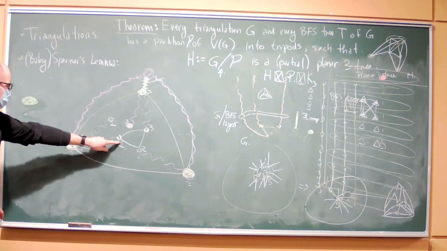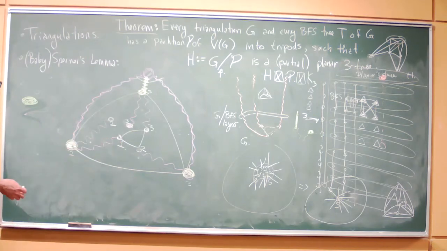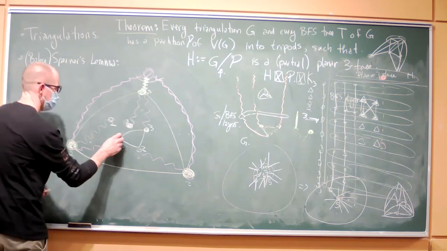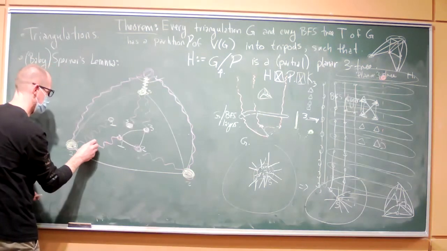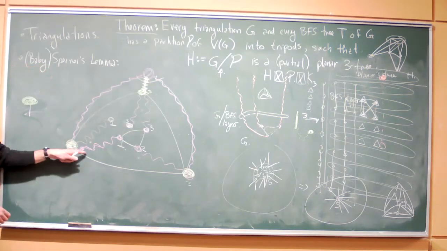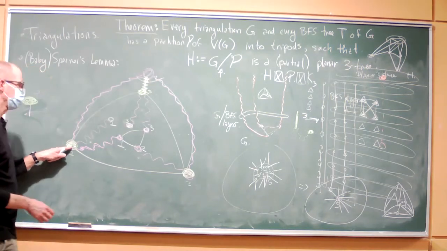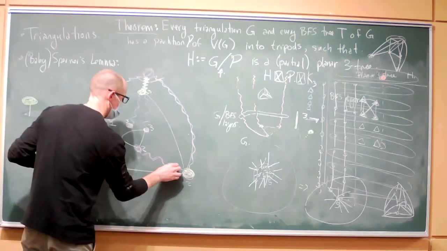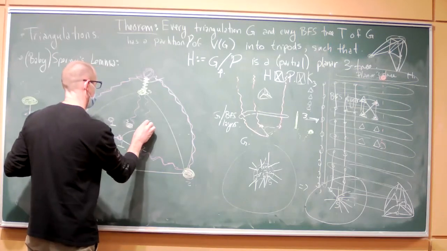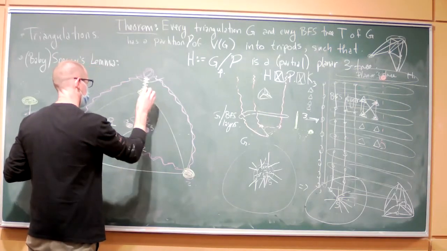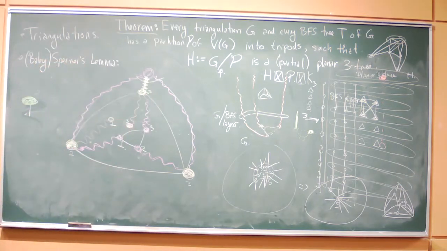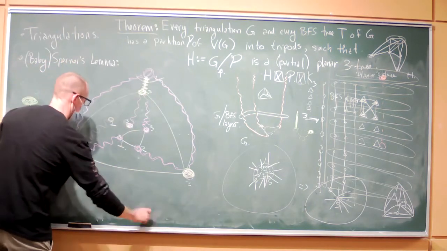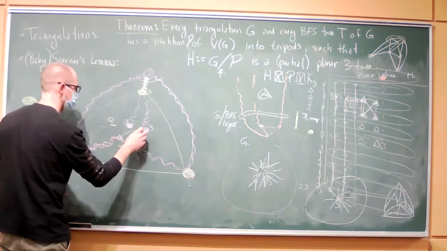So my tripod, the next tripod in my decomposition, will have these 3 vertices plus the path all the way back to 1, but stopping short. Plus the path all the way back to 2, plus the path all the way back up to 3. Okay. So I don't know, let's make that the pink tripod.